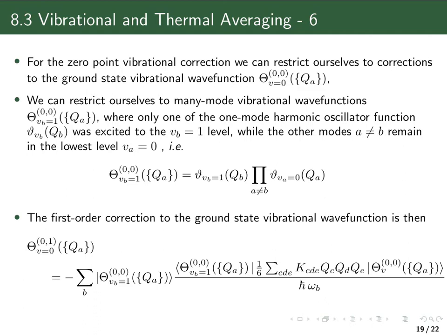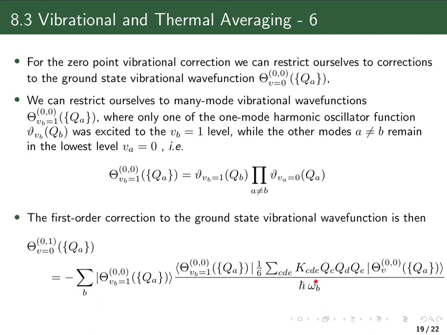For all the other normal modes, then normal mode B, and for the normal mode B, we have the first excited harmonic oscillator wave function. So that's our set of functions, and then we have our perturbation operator, which is this term including the cubic force constants, and our unperturbed ground state wave function, which is the product of the harmonic oscillator wave functions for all the normal modes, but in the ground state.